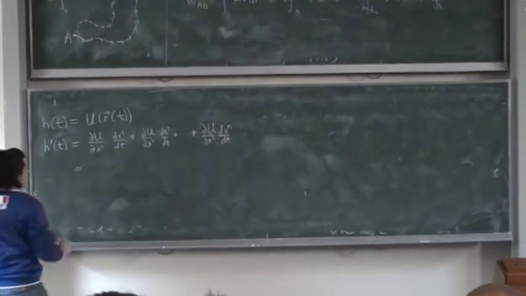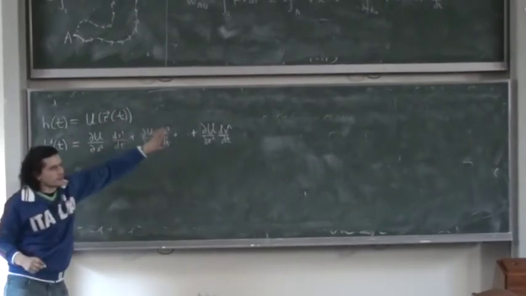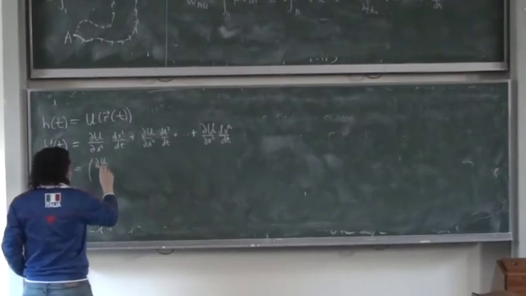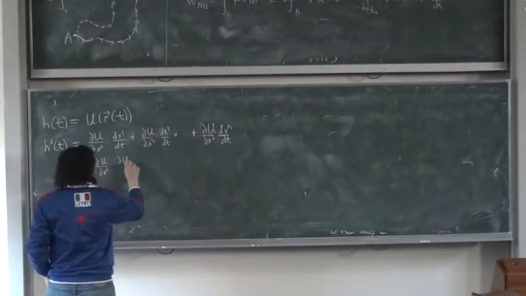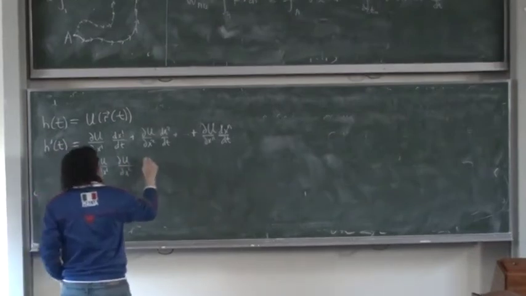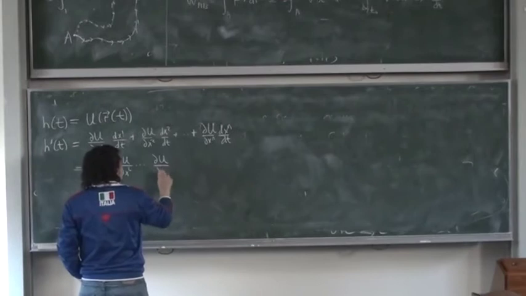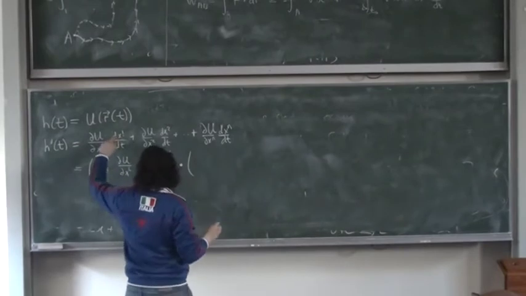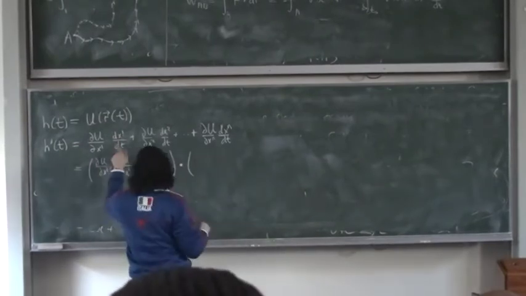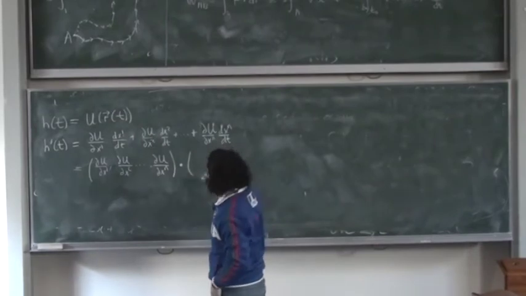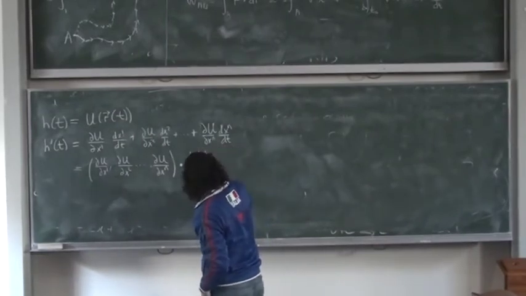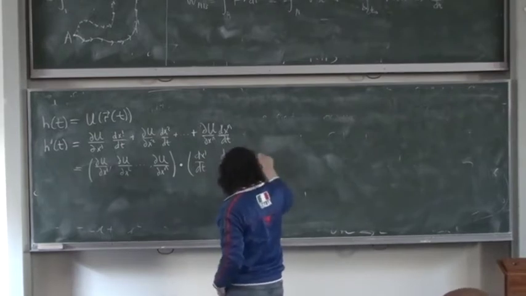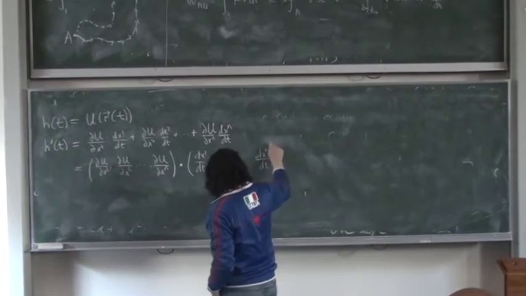We can write this as a dot product of two vectors, right? This looks like the dot product of del u by del x1, del u by del x2, up to del u by del xn, dotted with dx1 by dt, dx2 by dt, up to dxn by dt.